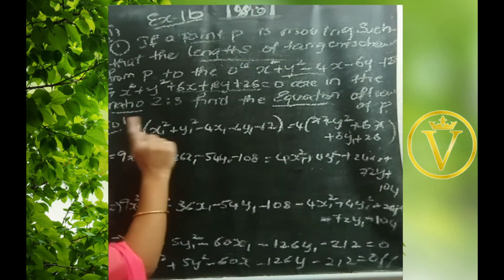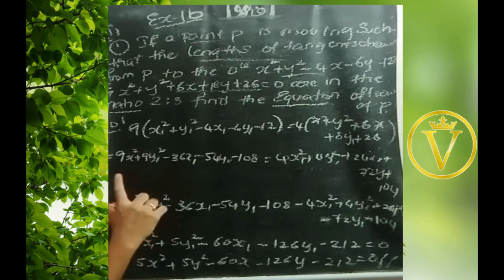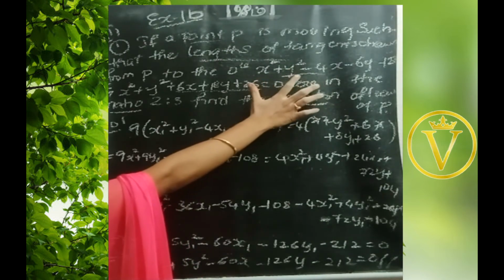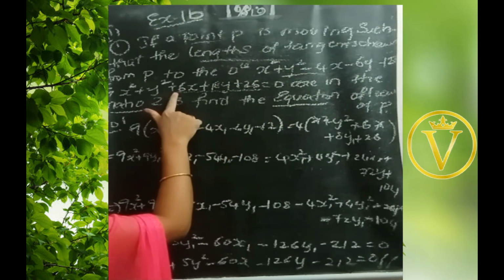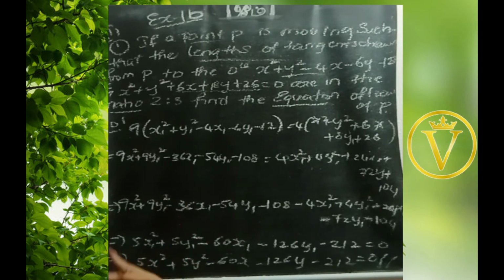PT1 by PT2 equals 2 by 3, and we make the cross multiplication. Our PT1 formula is root of S11. So this is the first equation. First you have to substitute here, and then the second equation. Now while solving this you will get the equation of the locus of a point. So whatever point you have taken, if you take x1 then x1, if x then x. That's it. Now we'll go for another problem.